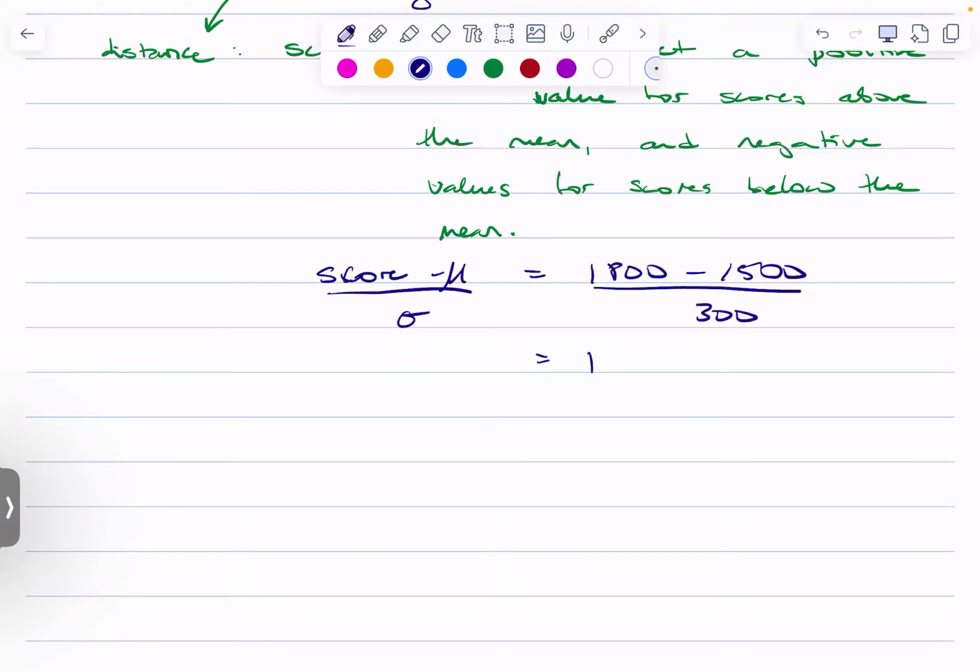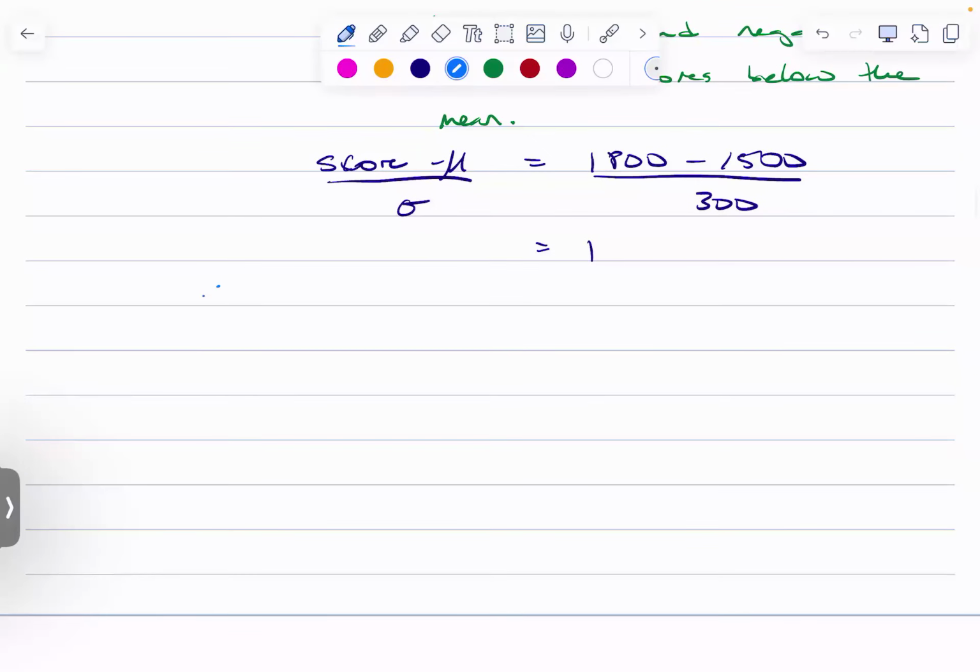I get a 1. So that tells me that Pam scored 1 standard deviation above the mean. That's great.